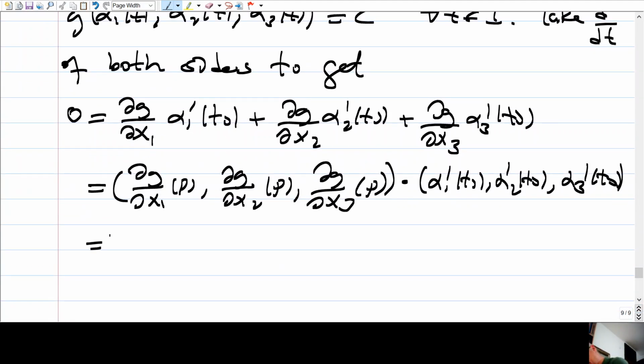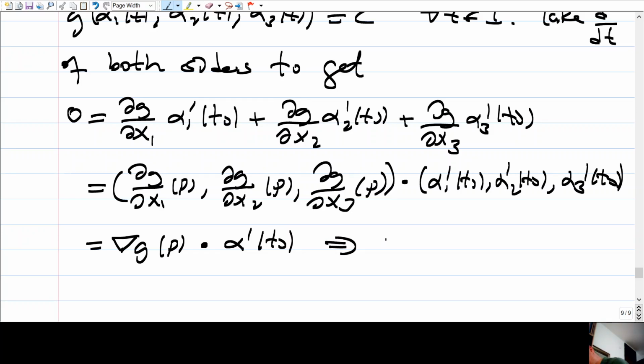But what is this? This is just the gradient of g at the point p, dot product alpha prime t0, and this is what we wanted to show.